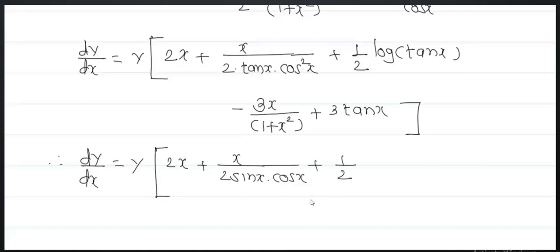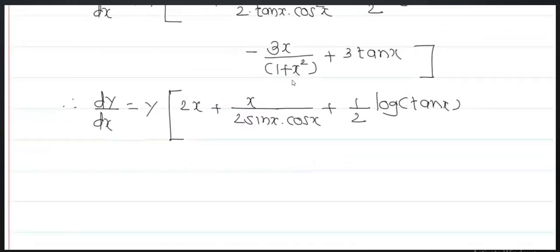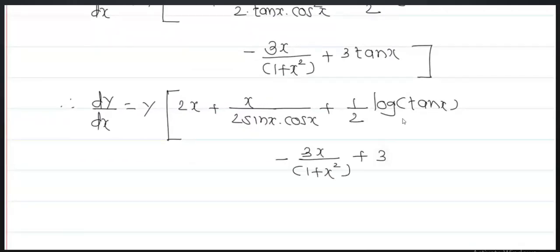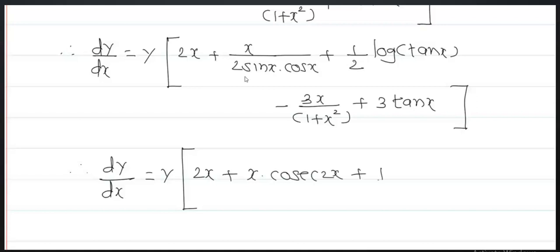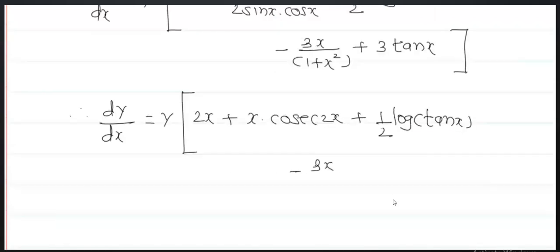If we simplify, sin upon cos and cos square, that is 2 upon 2 sin x cos x, sin of 2x. Therefore dy by dx is equal to y into the bracket 2x plus x upon sin of 2x plus 1 upon 2 log of tan of x minus 3x upon 1 plus x square plus 3 tan x.